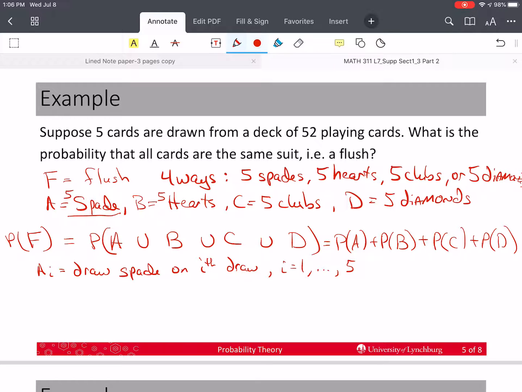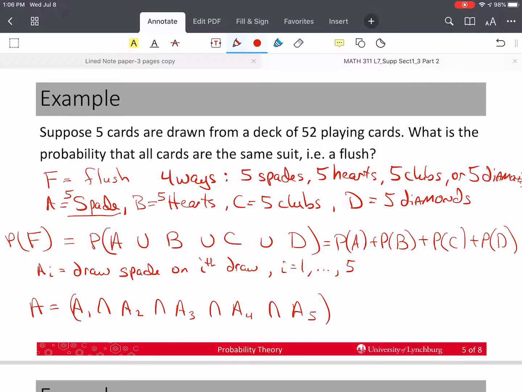And likewise, we can do the same thing for B and C and D. And so A is now equal to A1 and A2 and A3 and A4 and A5.